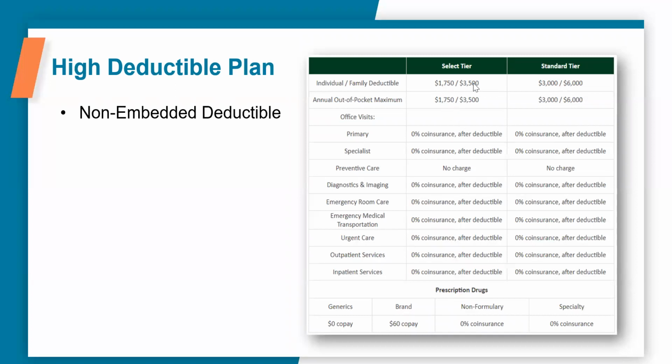But these are the deductible amounts on this high deductible plan. So it is much lower than the other plan. But again, know that if you have dependents on the plan, you will need to reach this $3,500 before your insurance will kick in on those additional services. So hopefully that helps.